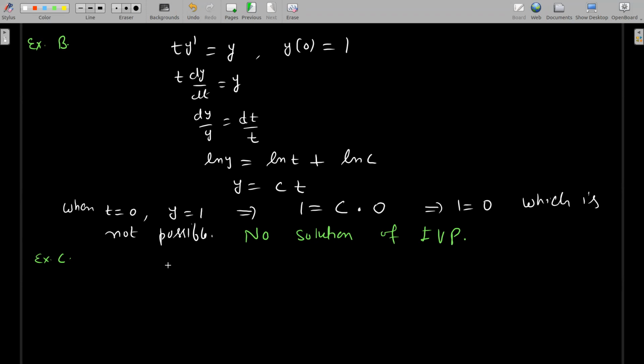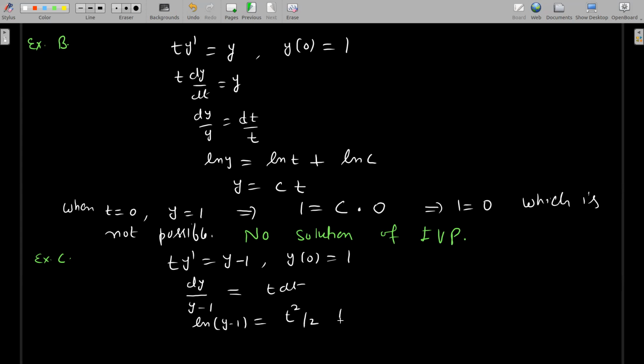And take third example. Let's say t y dash equals to y minus 1. This is initial value problem. y0 equals to 1. So separate the variable, dy by y minus 1 equals to dt by t. On integrating, you got log of y minus 1 equals to log of t plus constant, you can write log of c just for simplification.